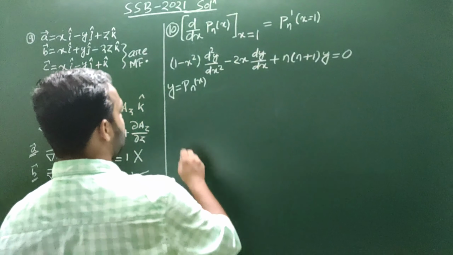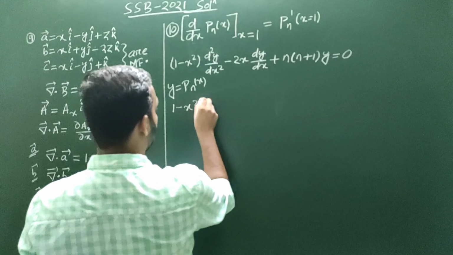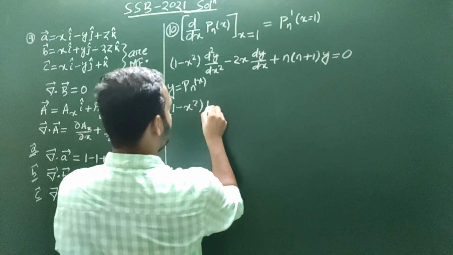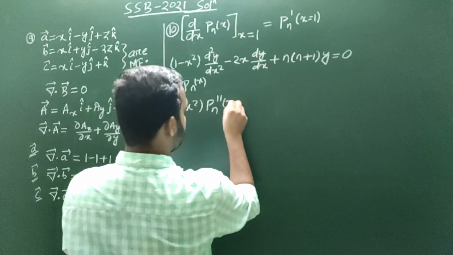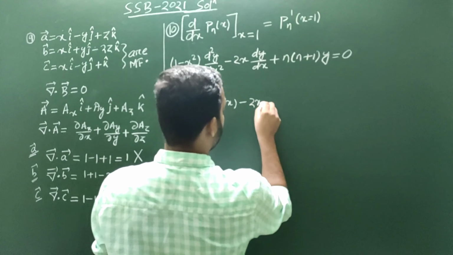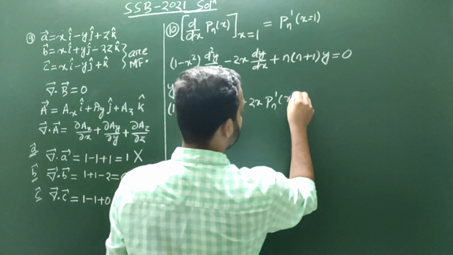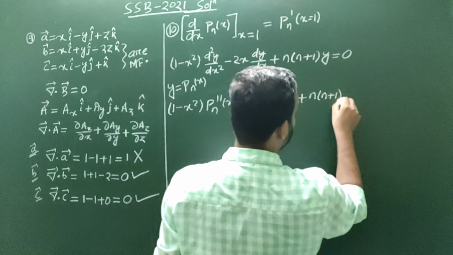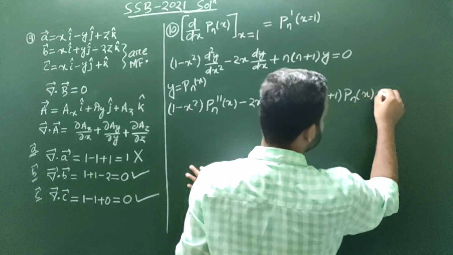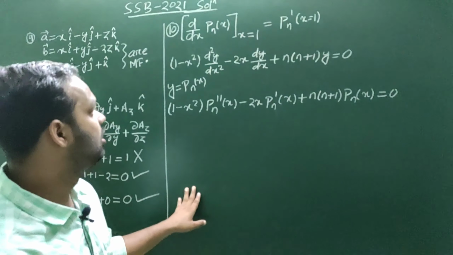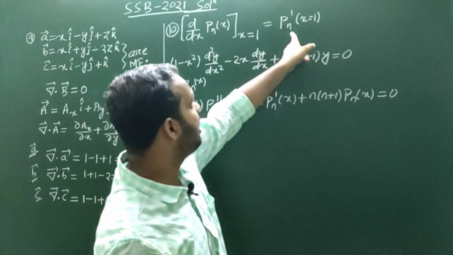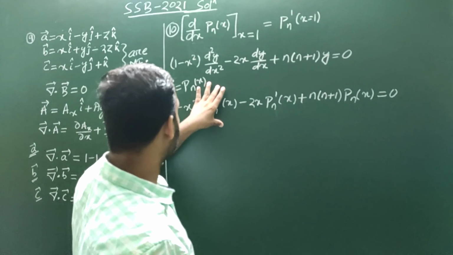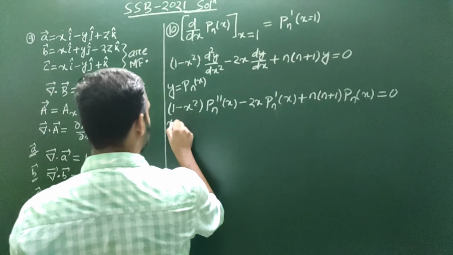Now let's put that in: 1 minus x square, second order differentiation of the Legendre polynomial. This will give you Pn double prime of x, minus 2x Pn first order differentiation with respect to x, plus n into n plus 1 into Pn of x is equal to 0. As you can see, he is asking for Pn prime of x when x is equal to 1. Now in this equation, let's put x is equal to 1.